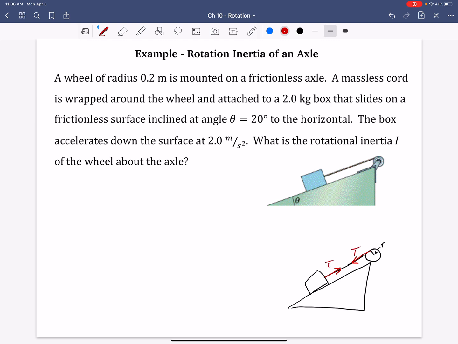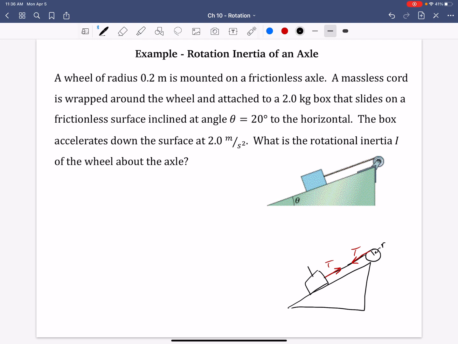But the magnitudes of those two are the same, right? So we want to find an expression or even a value for that tension right there. Well, if they're the same as this tension, how do we get that? Well, we have to do the forces on the block.